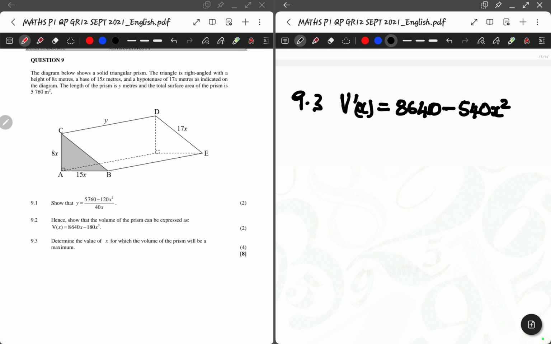Then we're supposed to solve this one here.